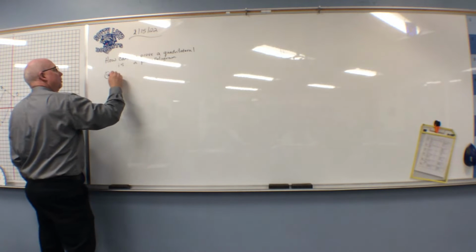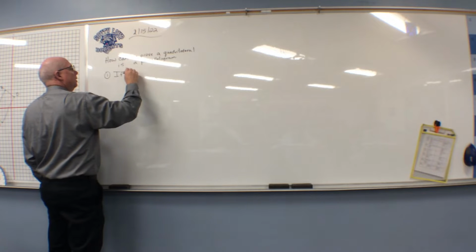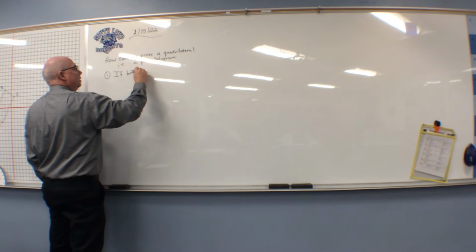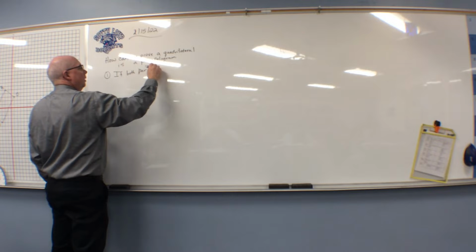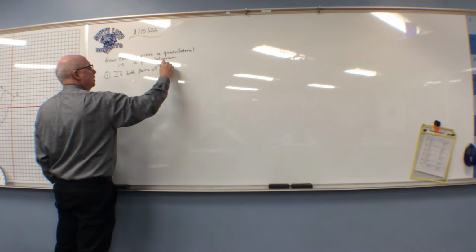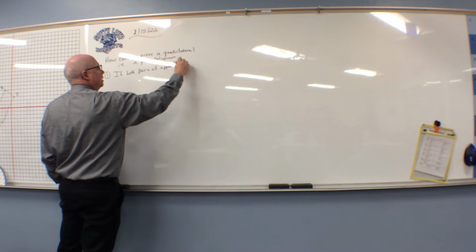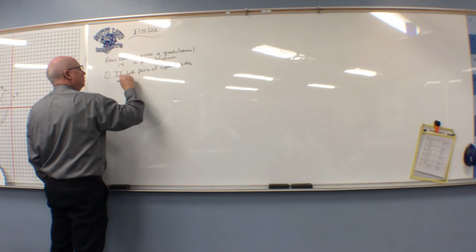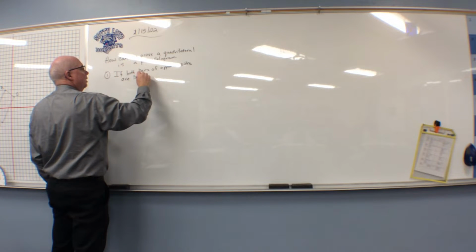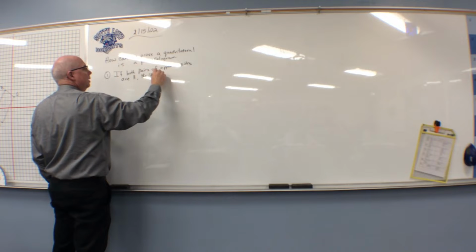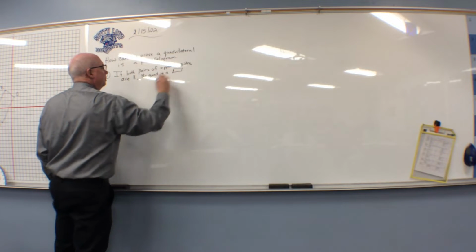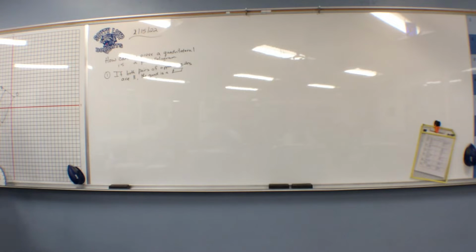The first way is if both pairs of opposite sides are parallel, the quad is a parallelogram. So if you're looking at a 4-sided figure and the opposite sides are parallel, both pairs, it's a parallelogram.